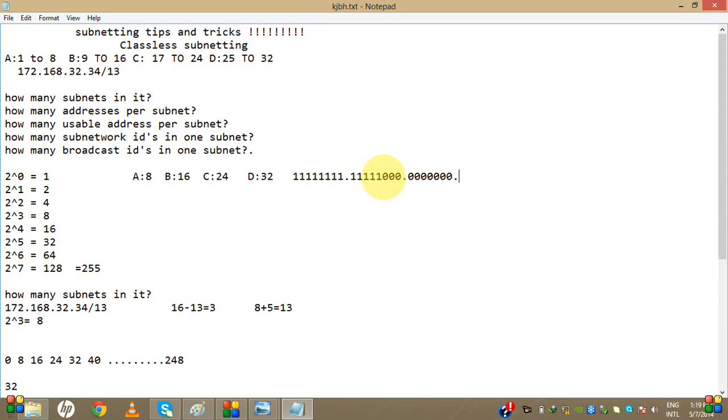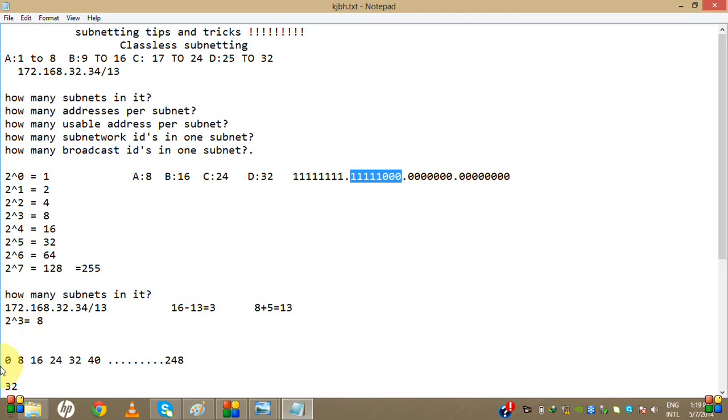I have to complete the third octet. I have 1 2 3 4 5 6 7 8, and I have to write the 13 in bits, one by one. So you can see in the extreme left octet, all the bits are not 0 and not 1, so I will change this bit.